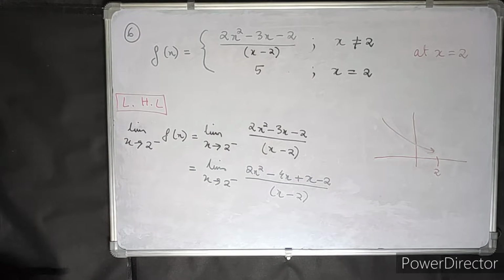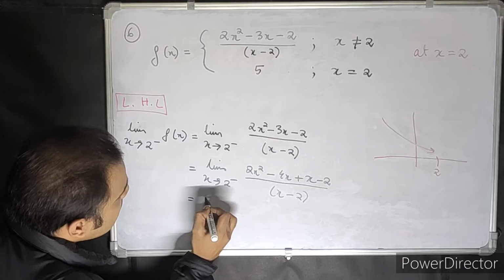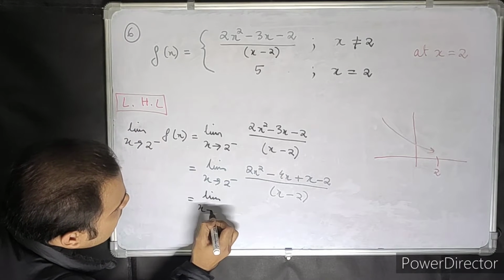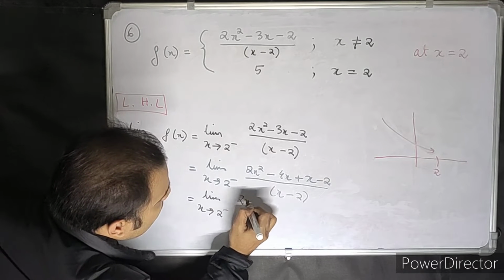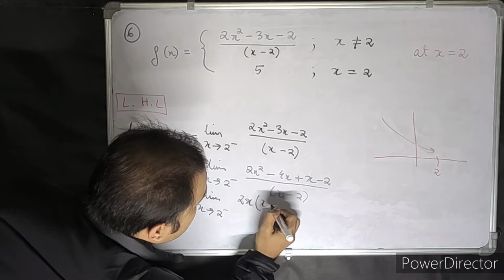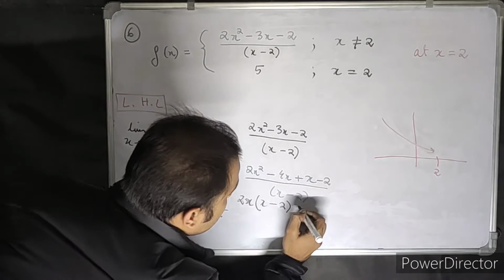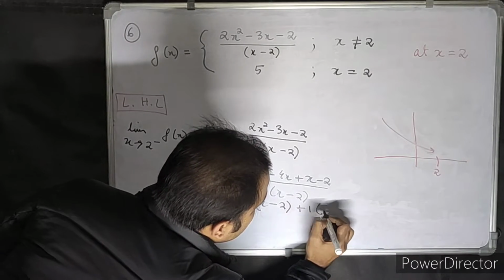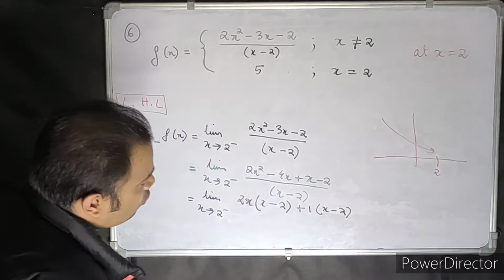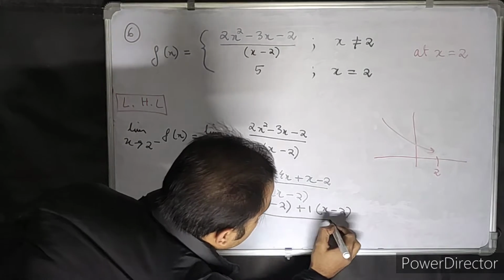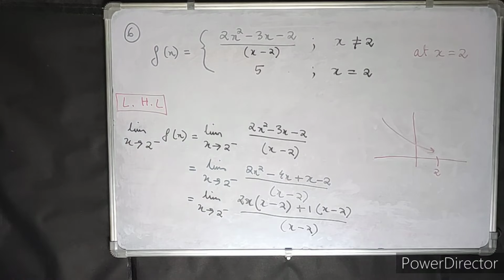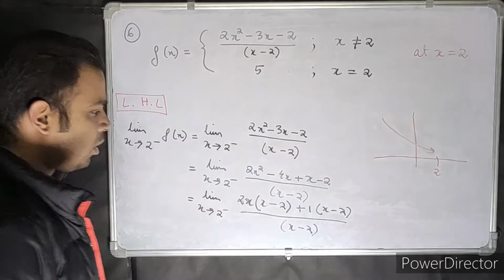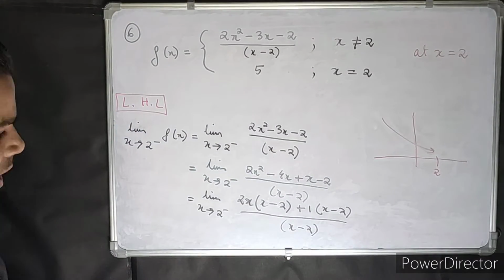Now next step is limit x tends to 2 negative, 2x common from here, x minus 2 plus 1 common from here, x minus 2, whole thing divided by x minus 2.